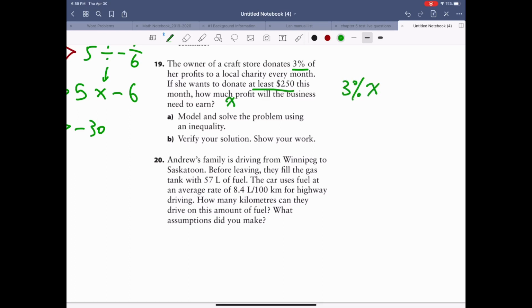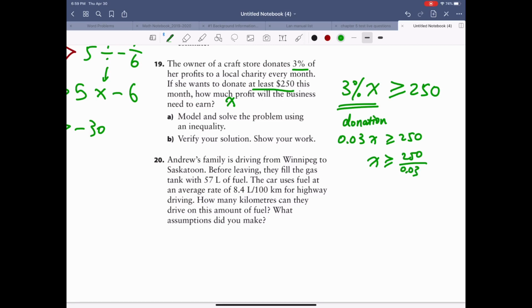At least means we can go bigger, but the minimum is that. So it's bigger than or equal to that. Okay, so 3% of the profit, that's the donation. The donation has to be bigger than or equal to 250. Okay, and you can solve the problem by changing to decimal. X divided by 0.03 and solve the problem.